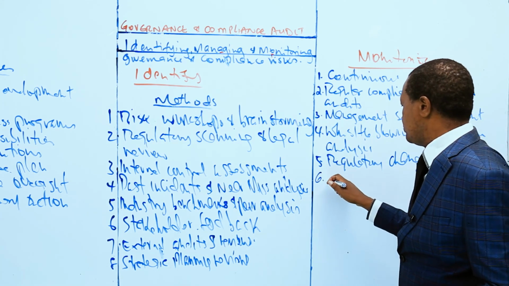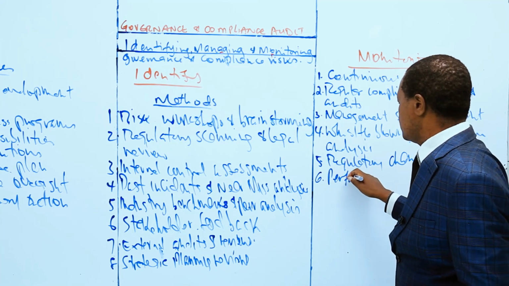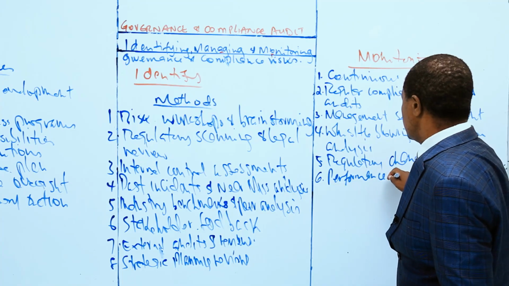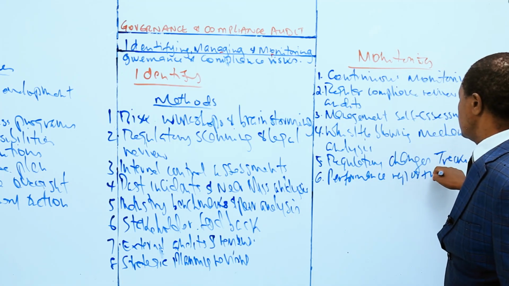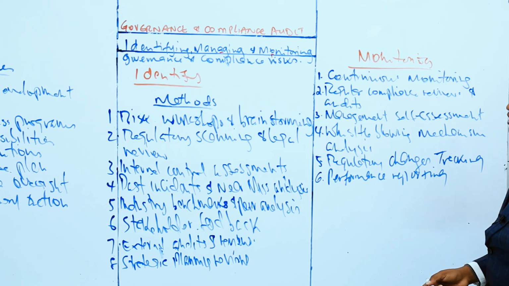6. Performance reporting. Performance reporting is another method that can be used to monitor governance and compliance risks.